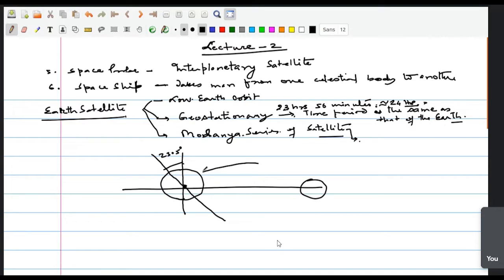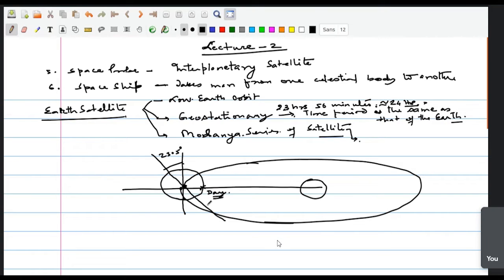So as it goes in the orbit, say this is your daytime. While it comes to this place and maintains the same rotation rate, this part will be 12 hours away. Yet this will become night at the same time. Because of maintaining 23 hours 56 minutes, this side falls here on this side. It's very synchronized.